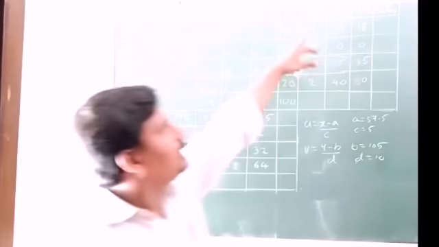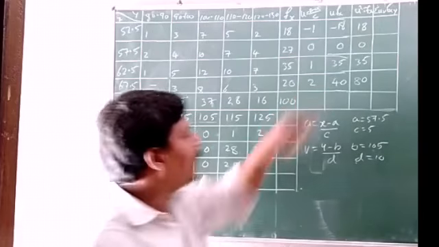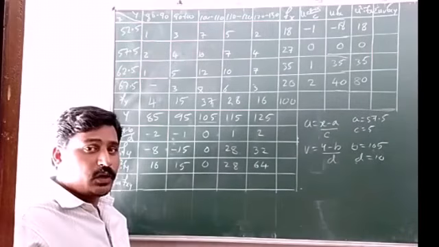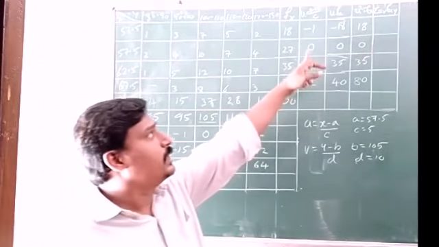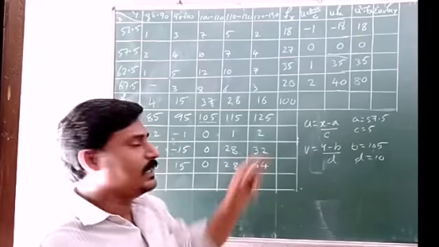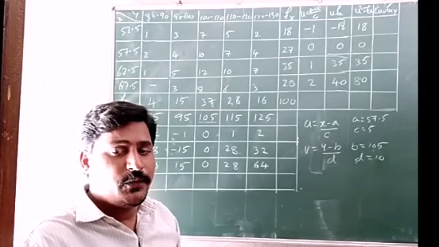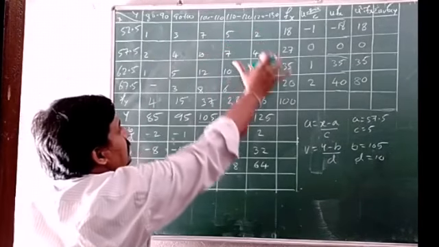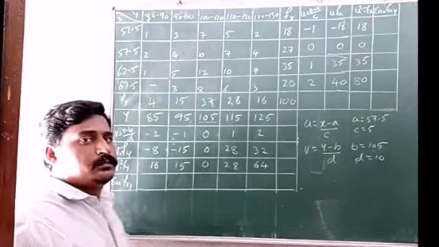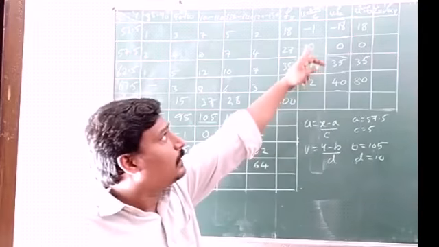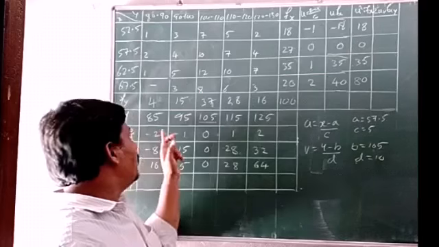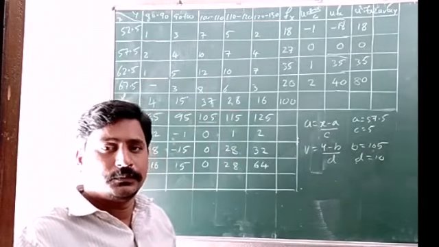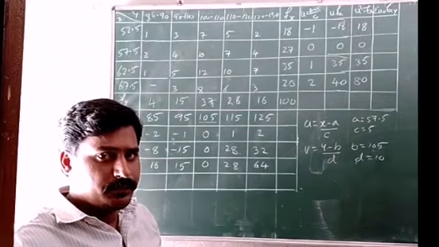U column is here and V column is here, and frequency which belongs to both X and Y are there in these cells. So we are multiplying U into V into the respective frequencies. Is that clear?